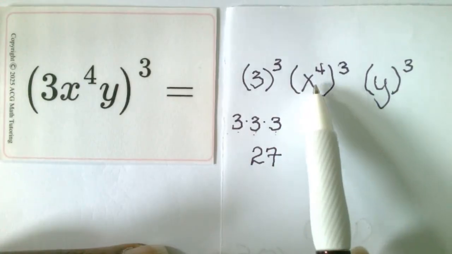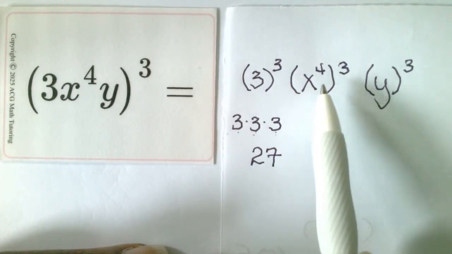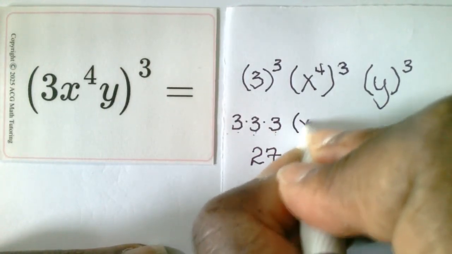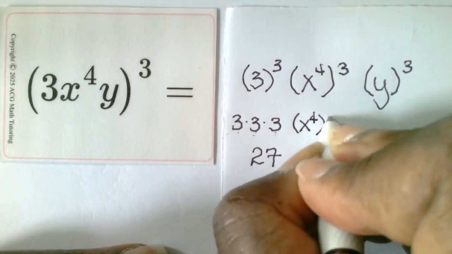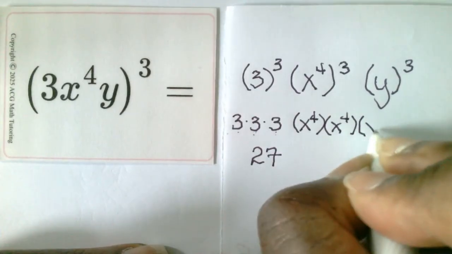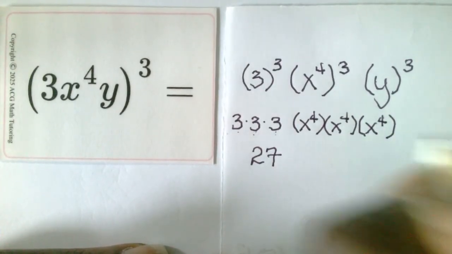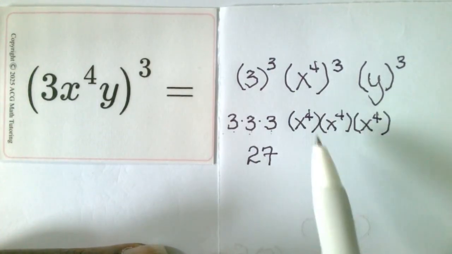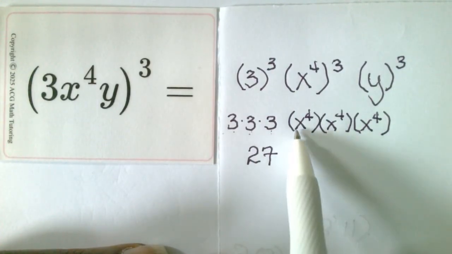But here's the same thing that's happening. This is saying I'm going to take x to the 4th and I'm multiplying that to itself 3 times. You're doing the exact same thing. But here's the key.